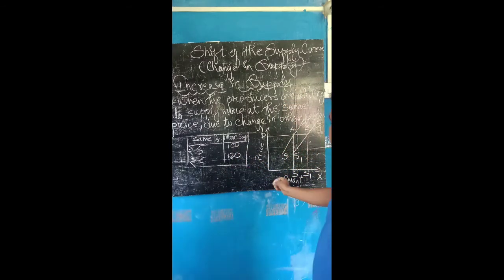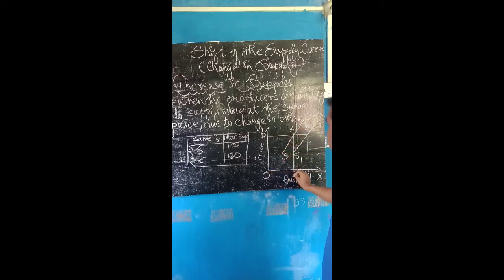You can see when the price is OP, the quantity supplied was OS, but due to change in other factors, at the same price OP, the quantity supplied increases from OS to OS1. So you can see the supply curve.